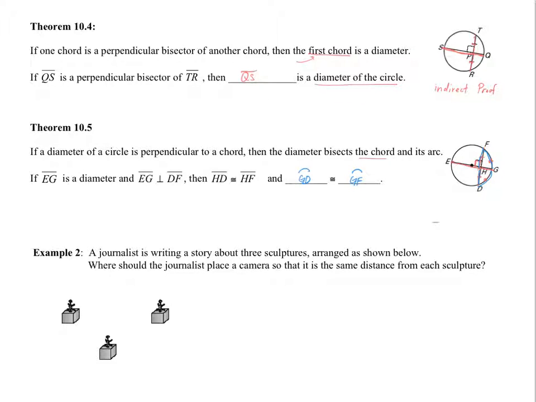And I'm going to quickly tell you how to prove this one, and you can look at the full proof on my website. I will also reinforce the proof in class.